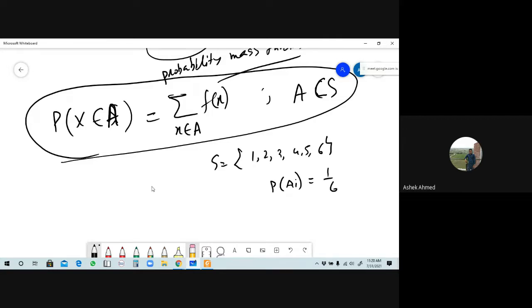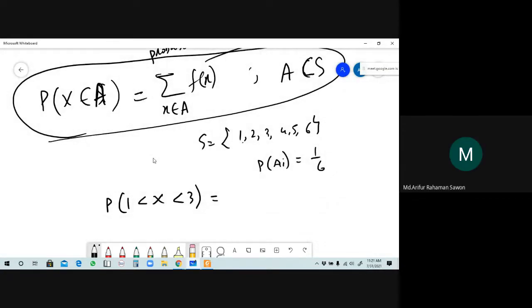From here, if you want to find the probability of 1 less than x less than 3, can you say what the value will be?